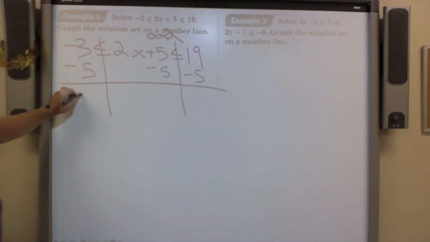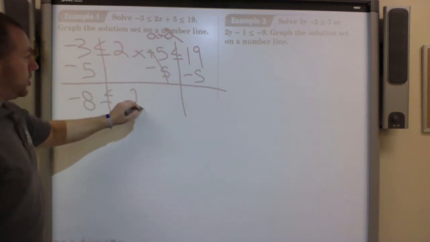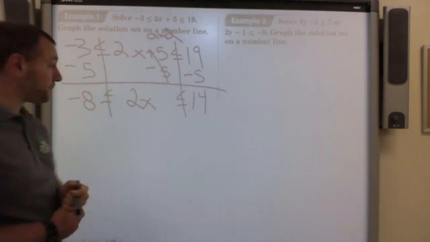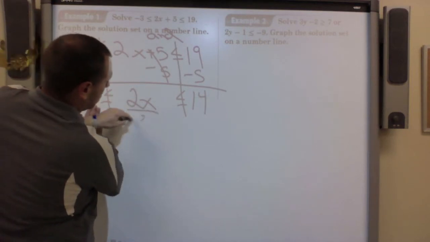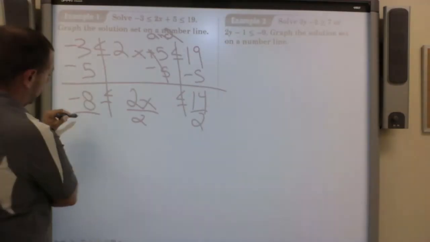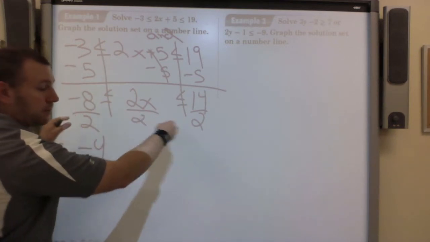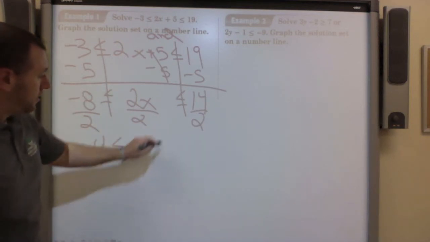Now, because I'm not dividing, I'm subtracting, I'm not going to change any inequalities. -3 minus 5, -8 is less than or equal to this 2x, which is less than or equal to 14. Now, again, if I cover that up, I'm going to divide by 2 to get this. I got -4. But because I divided by a 2, not a negative, I don't change the inequality.